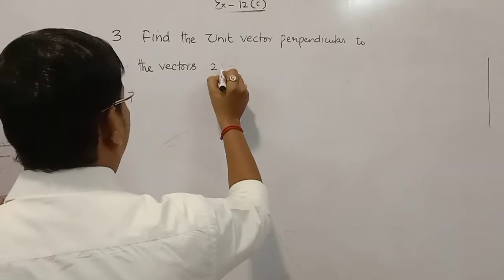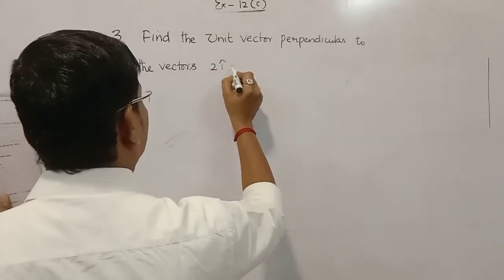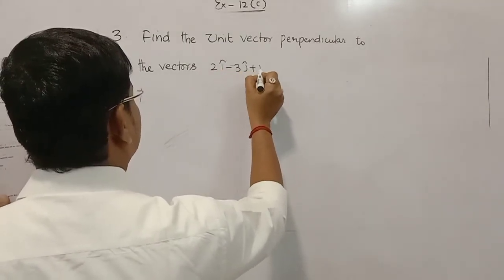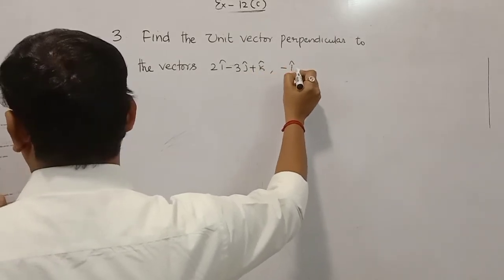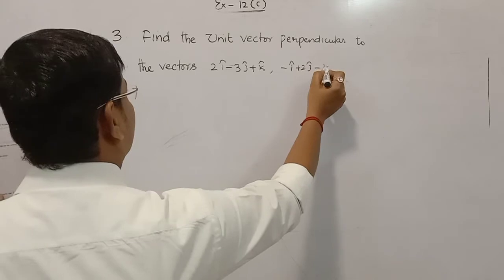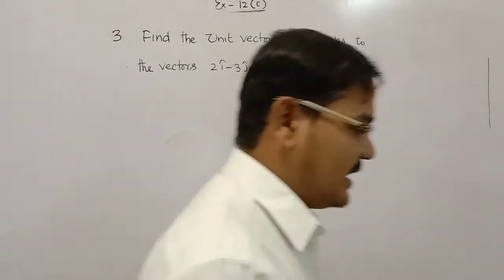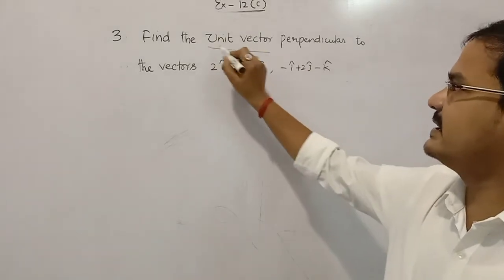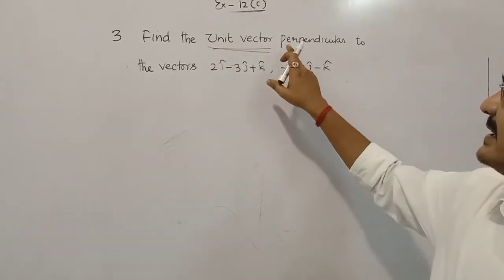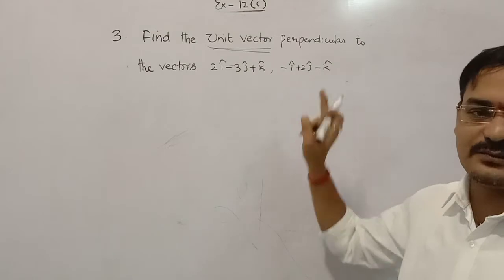Say 2i minus 3j plus k, comma, minus i plus 2j minus k. I need a unit vector. Which type of vector do you need? Unit vector. What type of unit vector? That is perpendicular to these two vectors.